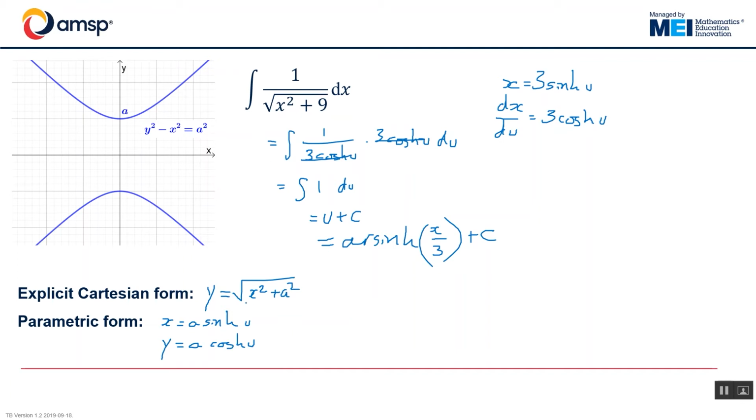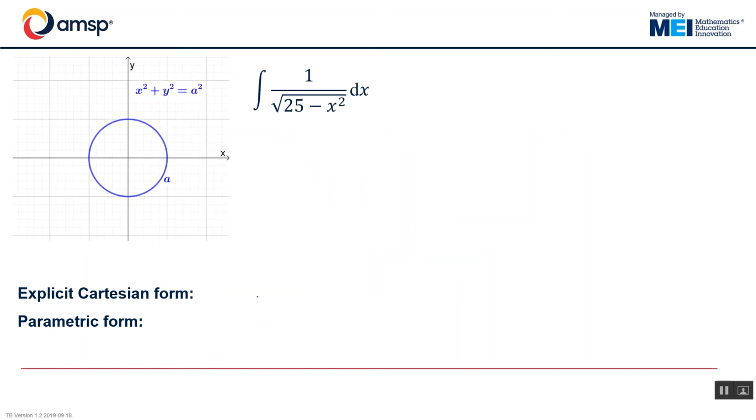Okay, let's have a look at the circular function one, which has got a bit of a sting in the tail. So I can use the same technique again. I can say that the explicit Cartesian form of this is going to be y is equal to the square root of a squared minus x squared, which does correspond with the denominator here.